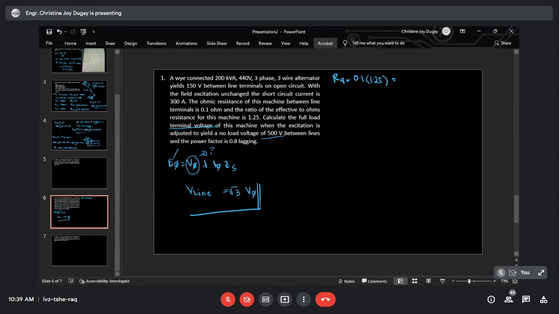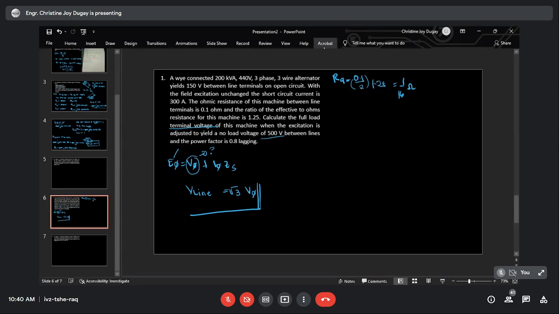Between line terminals, so you divide it by 2 and then multiply it by 1.25 to get the effective. So 0.1 divided by 2 times 1.25 is equal to 1/16 ohms.